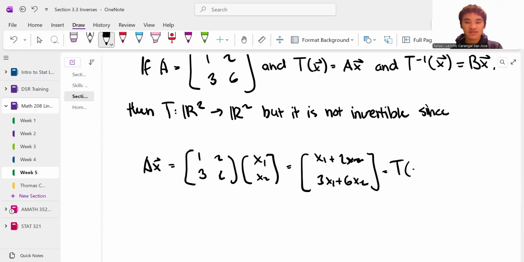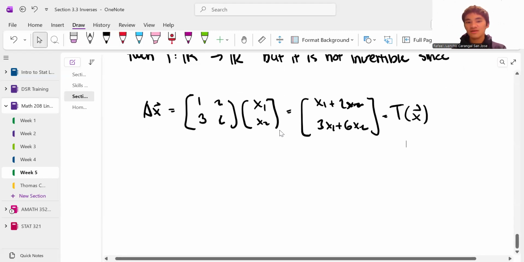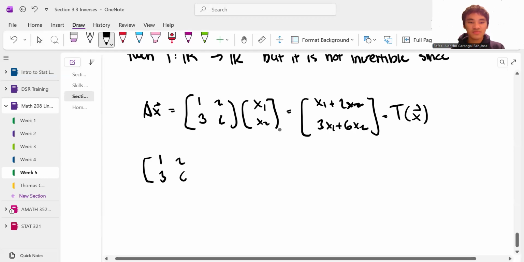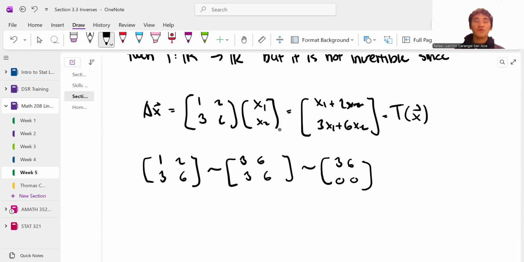This is the same thing as the linear transformation. Now, what can we say? I can't think of anything yet. Can we try and look at the pivots, maybe? Let's try. We do 3, 6. Oh, look at that. 0, 0. There is no pivot in every row.